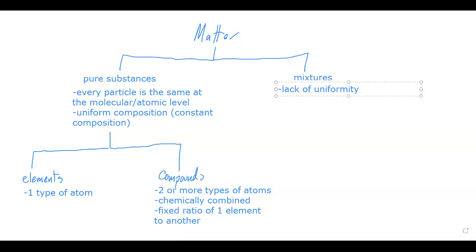For one, there is a lack of uniformity inside of mixtures. For another, these are physical combinations of substances.